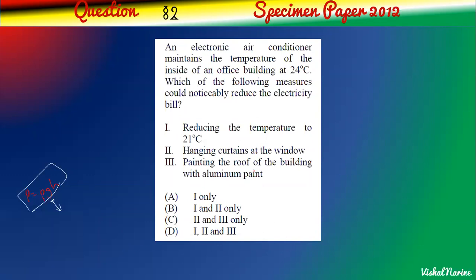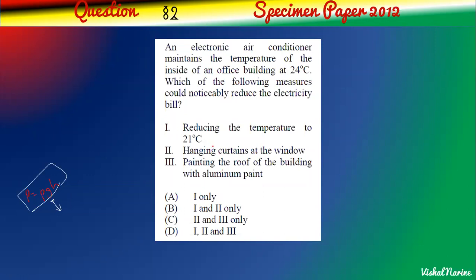I'm seeing a lot of C's, a few A. So how can we reduce our electricity bill using an air conditioner unit?